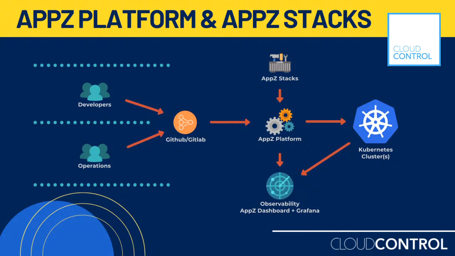The AppZ platform will take your change and merge it with what we call the AppZ stacks. Stacks are like the base image for each of the components that you will be deploying: Vault, MySQL database, as well as the Springboot. You'll see the power of the stack at the time of deploying the Springboot.